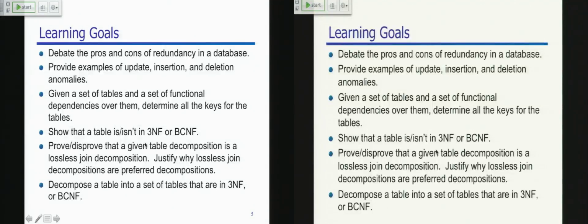We'll talk about 3NF and BCNF as 2 different normal forms that you can translate your ER models to. And you can prove or disprove that a given table decomposes losslessly or not. So we look at decomposition and joining back tables together and whether they're lossless or not. And you need to be able to decompose into 3NF and BCNF. If none of that made sense, it should by the end of the chapter.